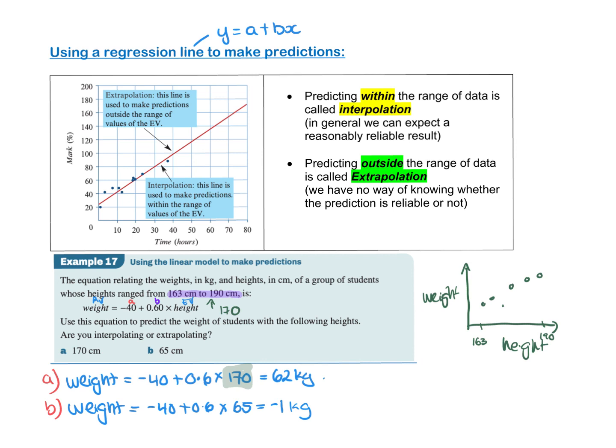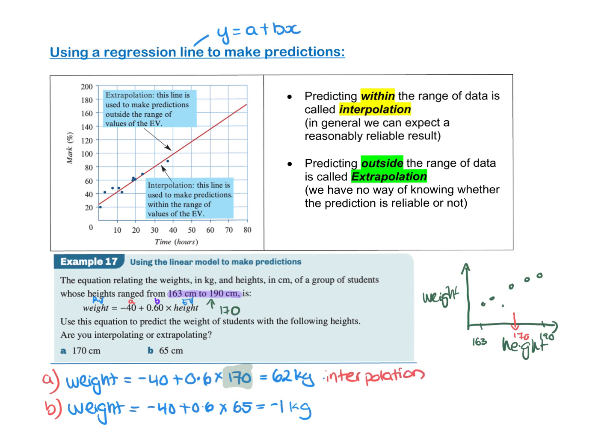So we didn't have any other data other than that. So when you predict within those values, see how 170 was inside that, that's called interpolation. It's within your data. So sometimes you get asked, so this one would be interpolation. So just write that. That's an interpolating prediction.